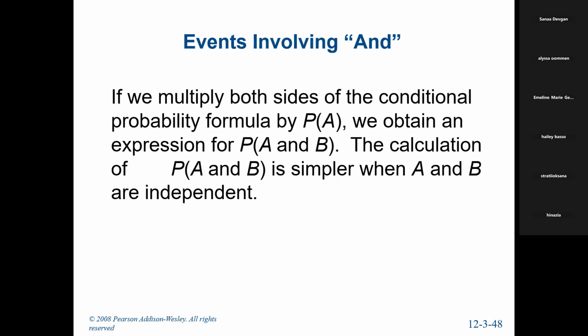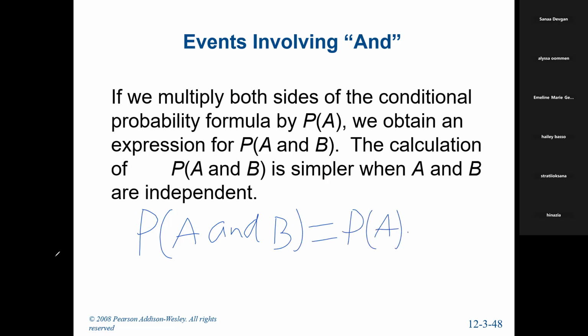If you multiply both sides of the conditional probability by P of A, we obtain an expression for P of A and B equals P of A times P of B given A.